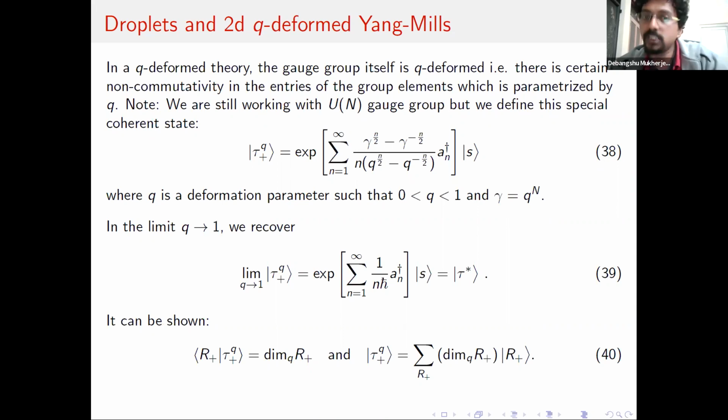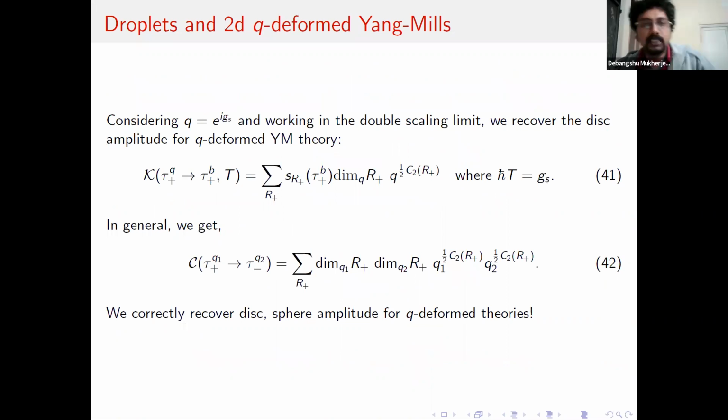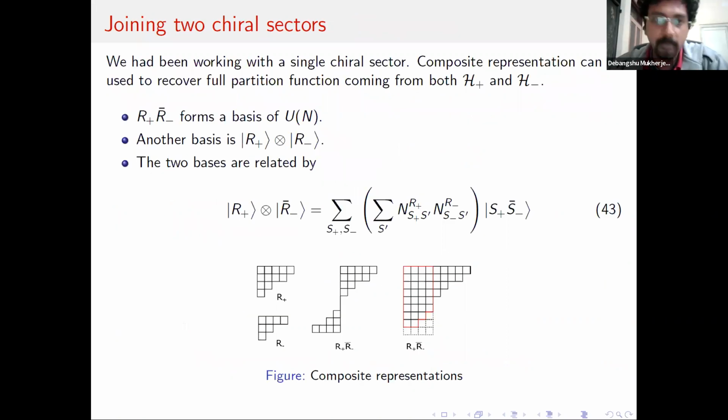Here, we have essentially recovered the cylinder, sphere, and disk amplitudes for a q-deformed Yang-Mills theory with our usual U(N) gauge group, which is computationally easier to work with, by simply bringing this deformation parameter into my definition of these so-called nicely defined coherent states, whose transition amplitude precisely replicates my various observables in 2D Yang-Mills. So this is essentially the main upshot of our map.